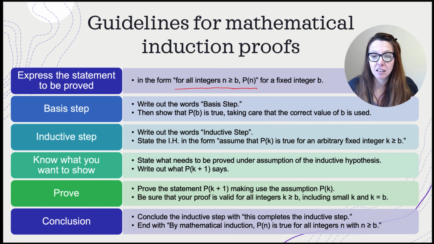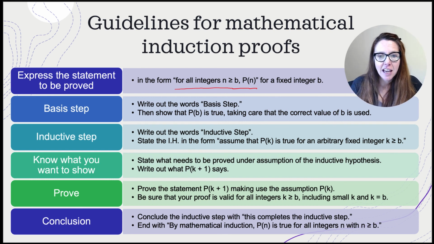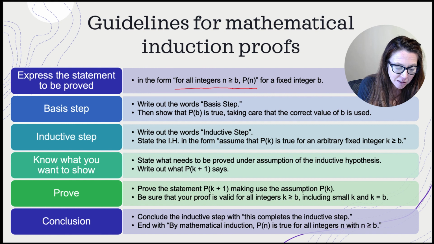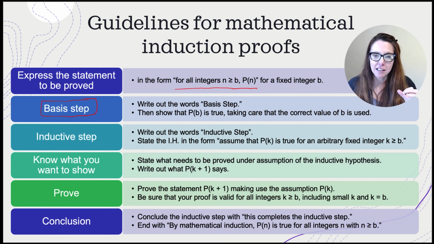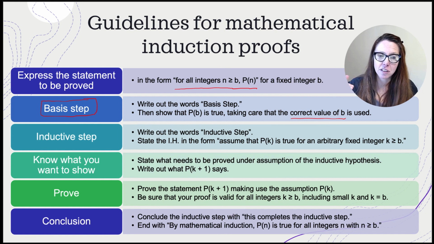So P of n is true. And then we're going to write out the words basis step. Then we're going to show that our base case, this b, is true, taking care that we use the correct value of b. That's important. What is the first rung of the ladder that we have to reach in order to climb?